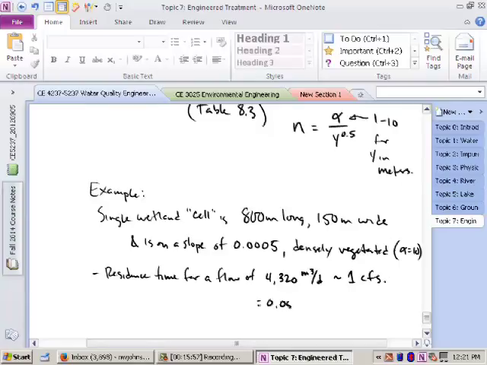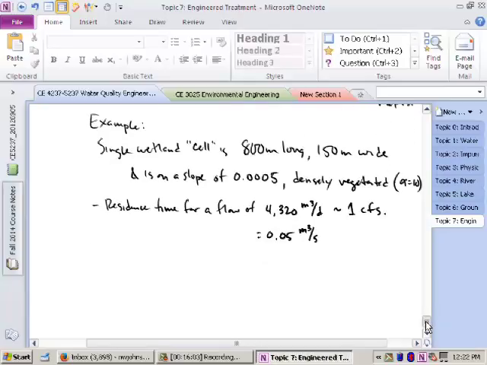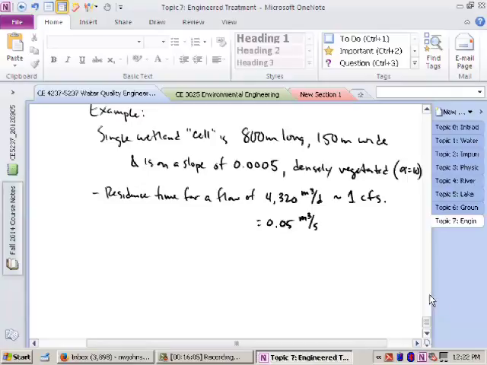I think we get 0.05 meters cubed per second. So the first consideration would just be to find out what would be the residence time if there was no control structure at all, and you can approximate the flow.